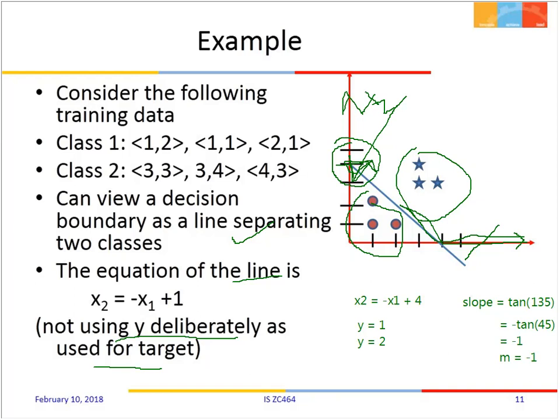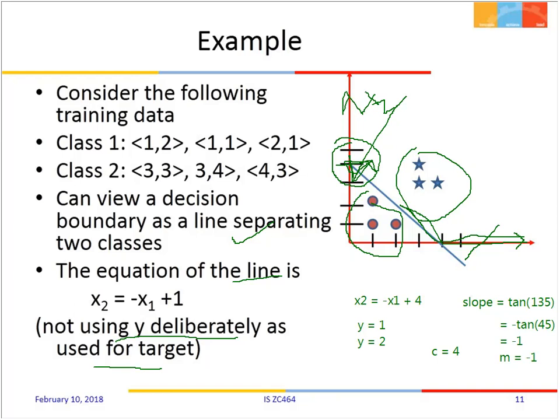So if the intercept is 4, you can write c equals 4. Then you can construct the equation as x2, a different variable name I am using in place of y, to represent the vertical axis, equals m x1 plus c.